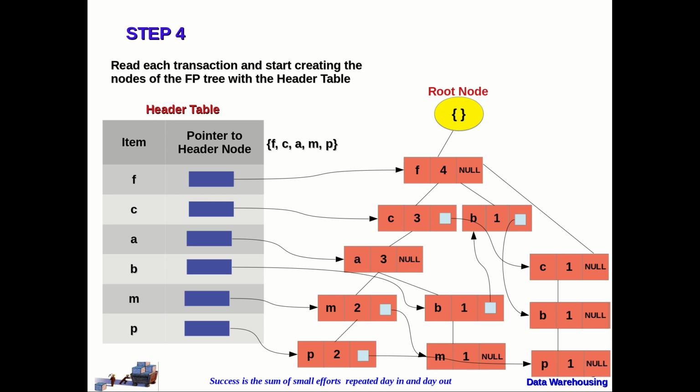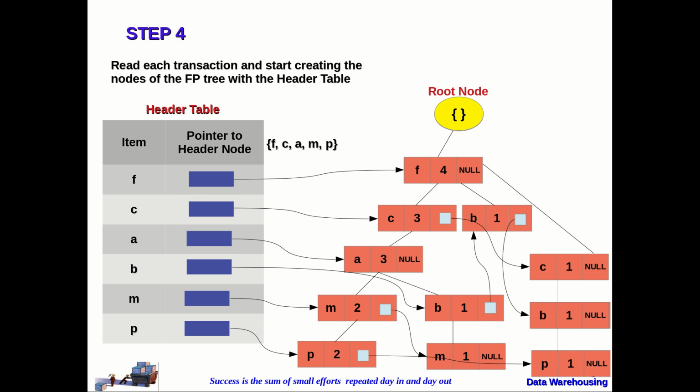So once we have completed the FP tree construction, the frequent patterns will be mined only from this FP tree and not from the transaction database. So with that we are completing phase 1. So when it enters into phase 2, the transaction database will be completely discarded from the memory and the memory will have only the frequent pattern tree, so that the FP tree will be mined part by part.